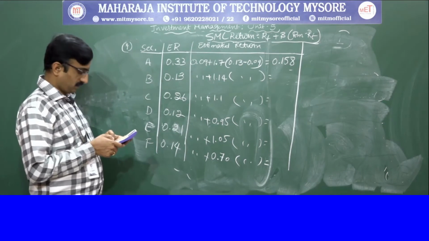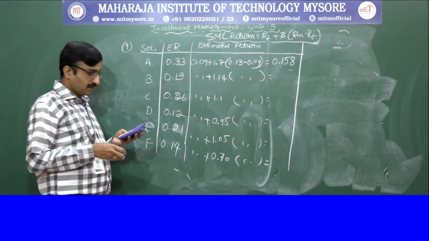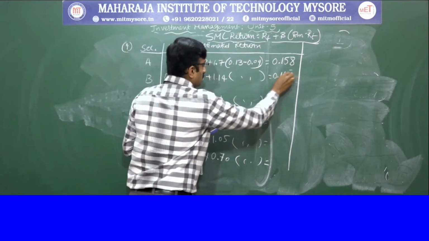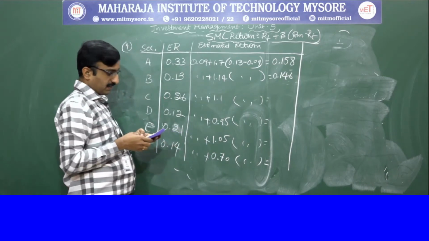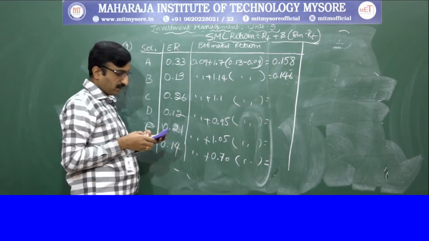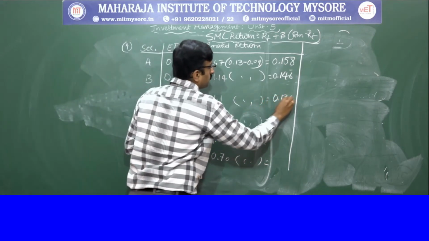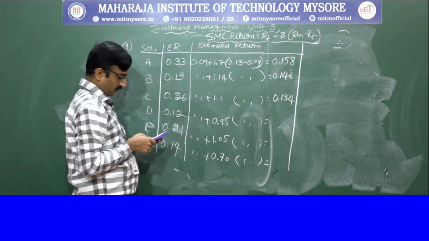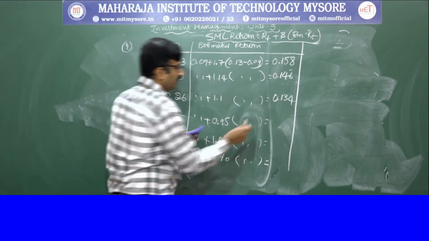So calculate. You will get the second one as 0.146. Next you will get 0.134. Then you will get 0.128.